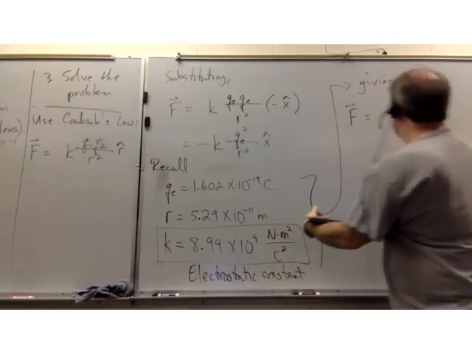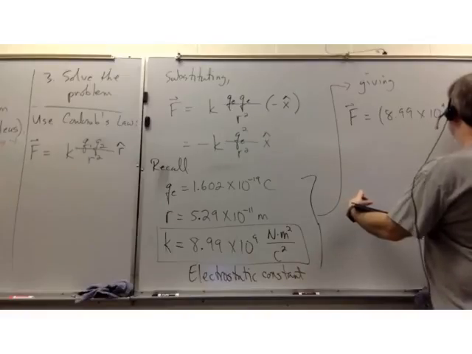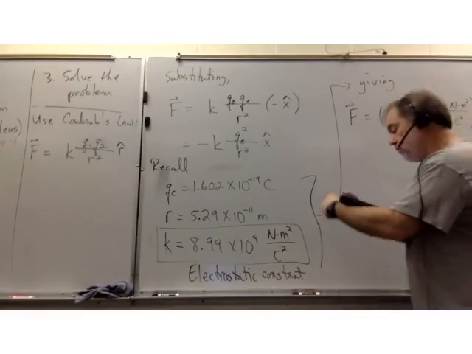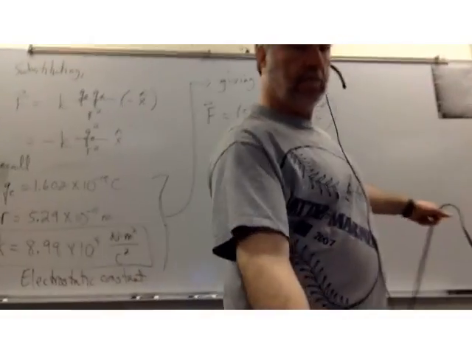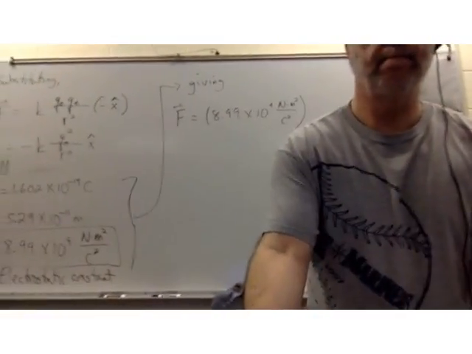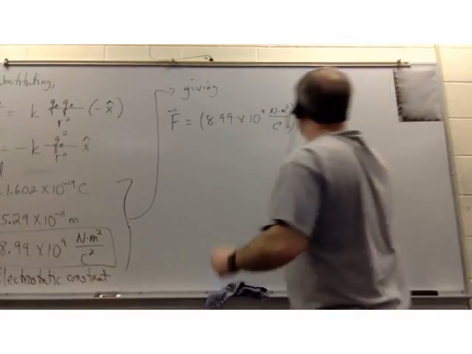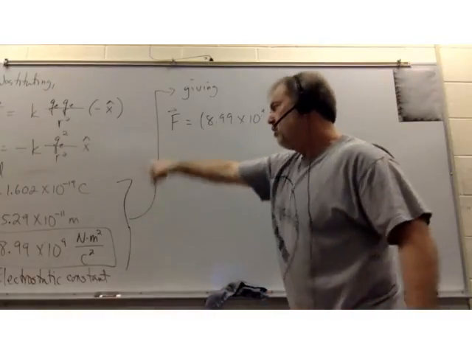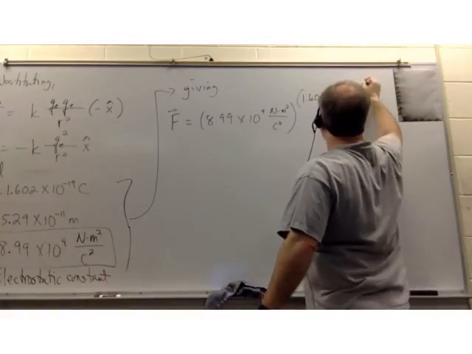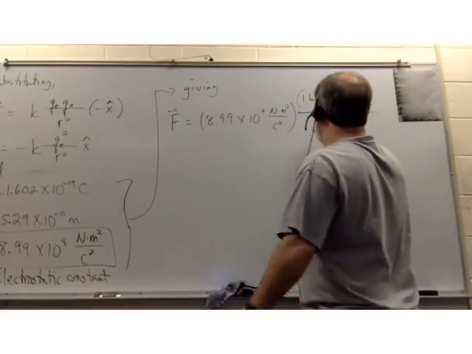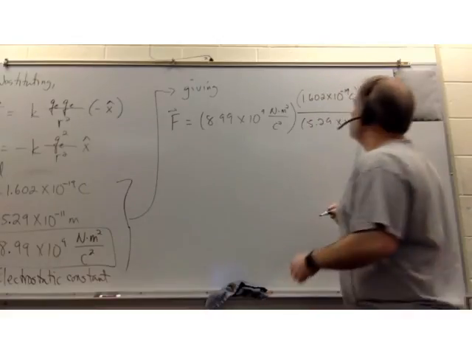So our force is k, 0.99 times 10 to the 9th newton meters squared over coulomb squared, times Q sub E squared, 1.602 times 10 to the minus 19th coulombs squared, divided by r squared, 5.29 times 10 to the minus 11th meters quantity squared.